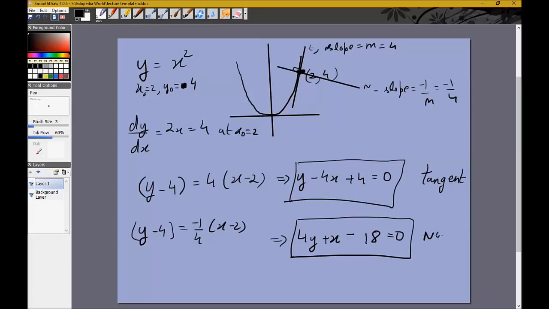This is the equation of the normal. You can verify that it also passes through 2 comma 4. When x is 2, we have 2 minus 18, which is minus 16, and 4y is 16. So this is how, if you have the formula for any function, you can calculate the slope of the tangent and the normal.